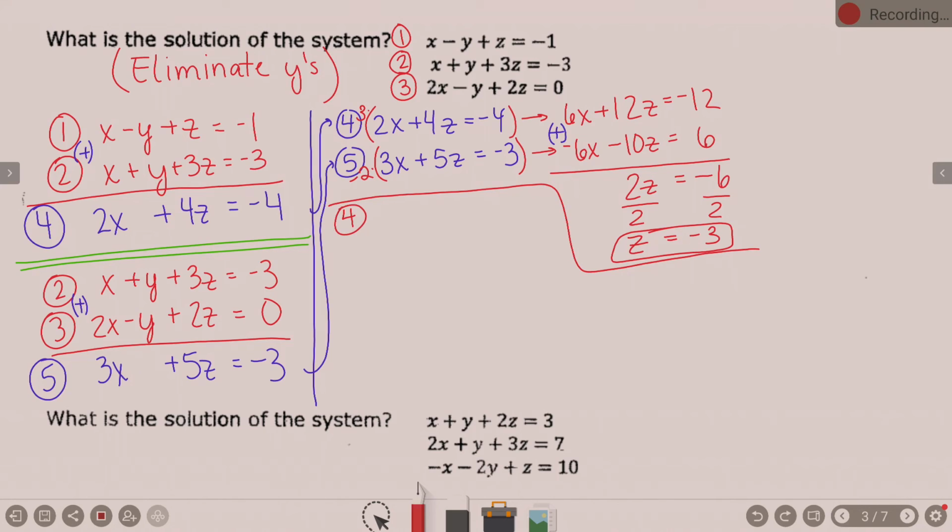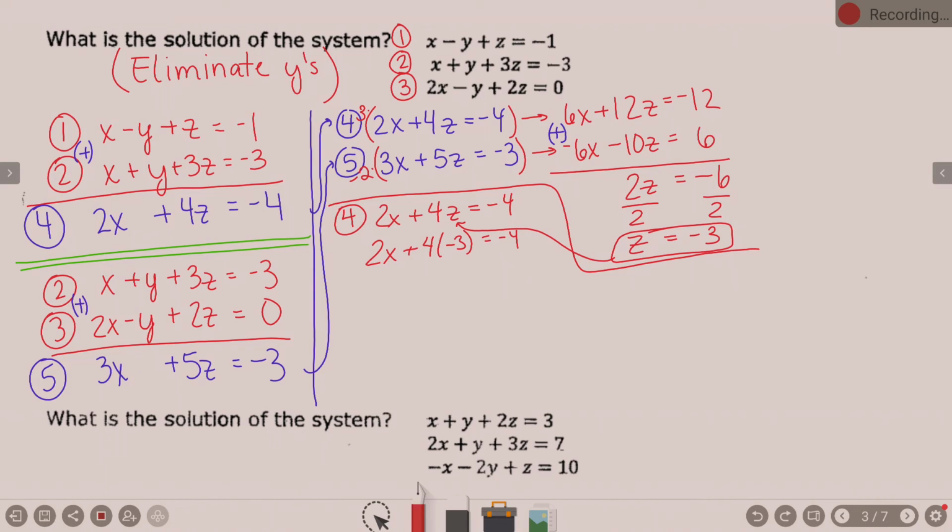So if we use 4, which was 2x plus 4z equals negative 4, we're saying that z is negative 3. So 2x plus 4 times negative 3 equals negative 4.